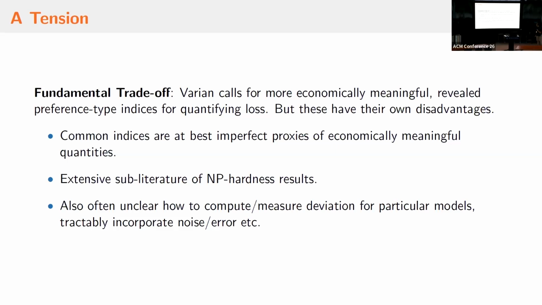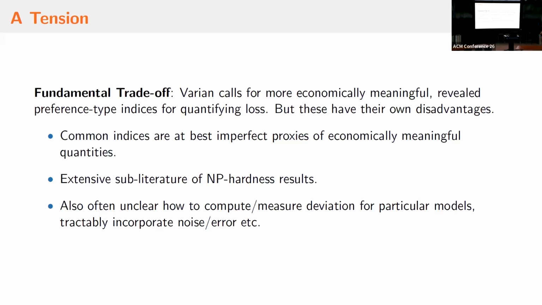Almost every revealed preference index we look at, they're seemingly a little more behavioral, but really they often get attributed a lot more economic meaning than they warrant. Federico Echenique has a great recent paper addressing this. There is an entire cottage industry of NP-hardness results for all of these things. Almost every classical revealed preference index is NP-hard to compute. It's all these very difficult combinatorial problems.